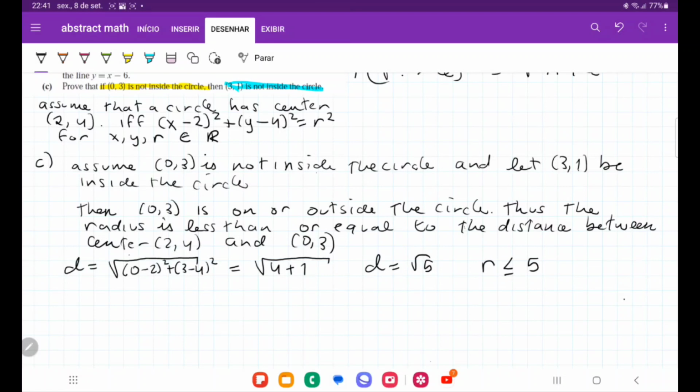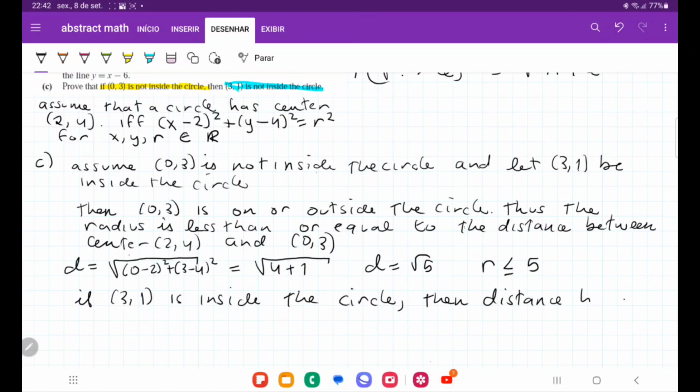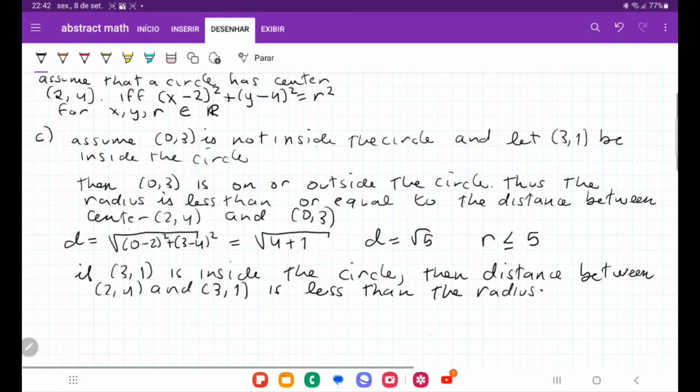But if (3, 1) is inside the circle, then the distance between (2, 4) and (3, 1) is less than the radius. So let's see what this distance is.